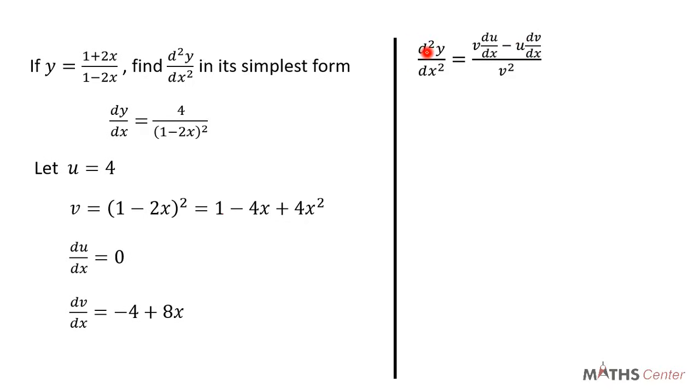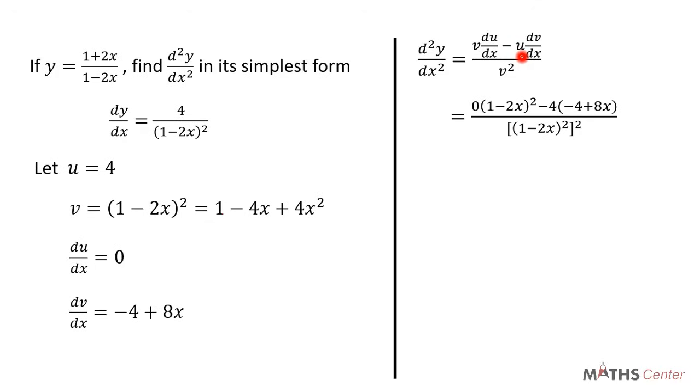The reason why I have d squared y dx squared here is that we have already differentiated the function. So this is the second derivative. Okay. And so that would be d squared y dx squared. Let's substitute the information in it. Du dx is 0. So I have 0 times v, which is 1 minus 2x squared, which will end up being 0 because you are multiplying everything by 0.